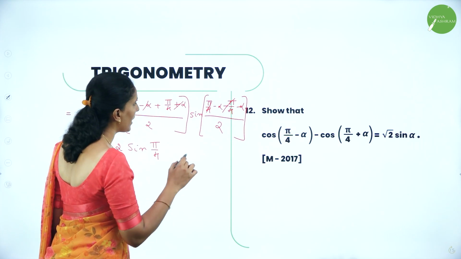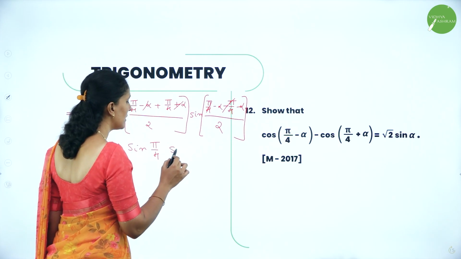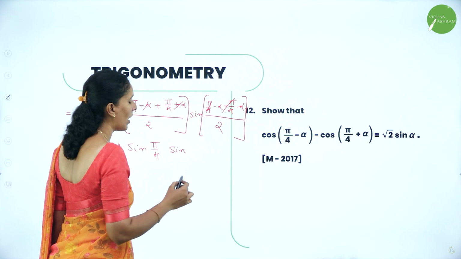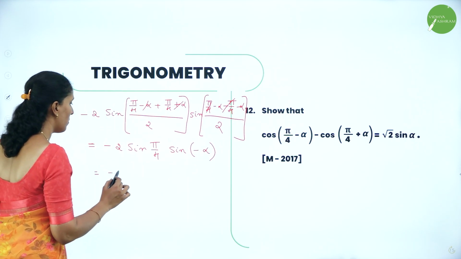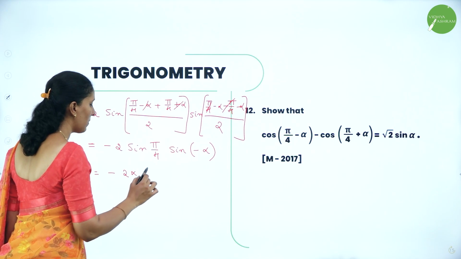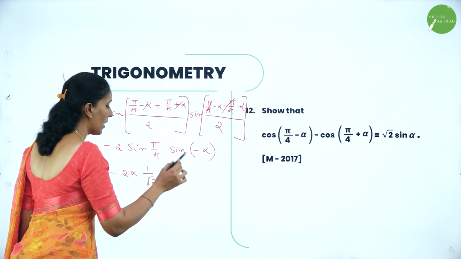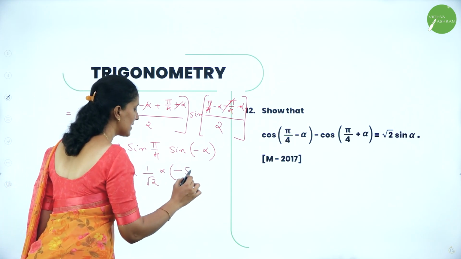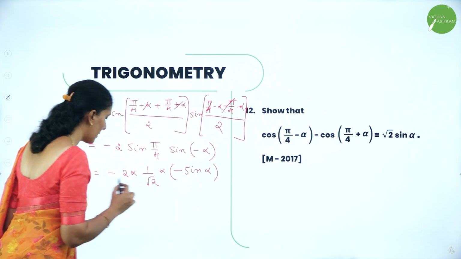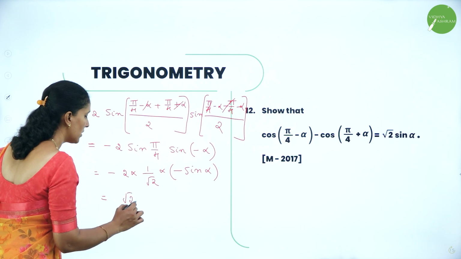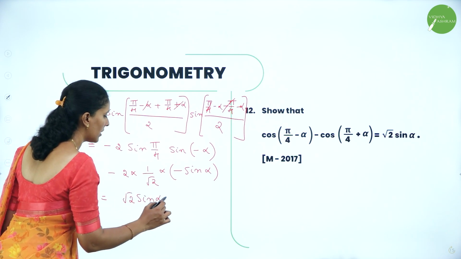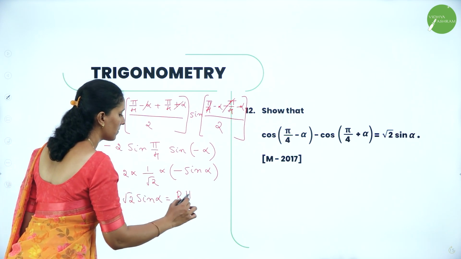And here minus 2 alpha by 2 becomes sin of minus alpha. So sin pi by 4 is 1 by root 2, and here it becomes minus sin alpha. So multiplying the minus outside, we will get root 2 sin alpha. So that is the RHS.